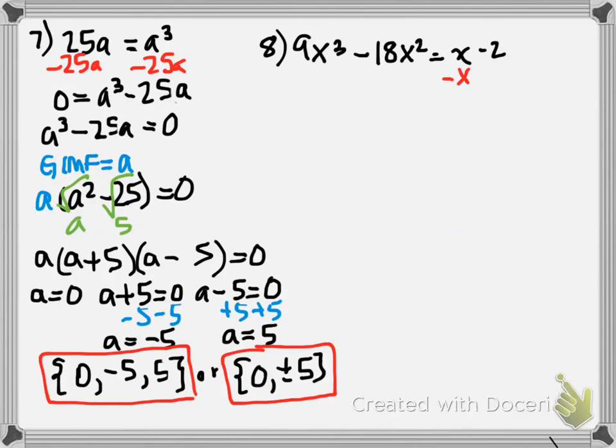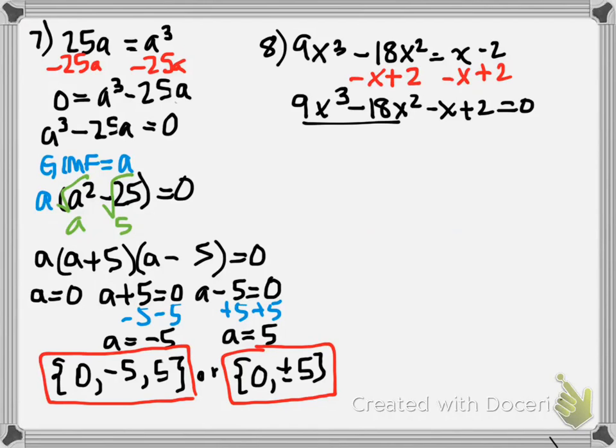So we're going to take the minus x and positive 2, get everything on the left. So our equation is 9x cubed minus 18x squared minus x plus 2 equals 0.